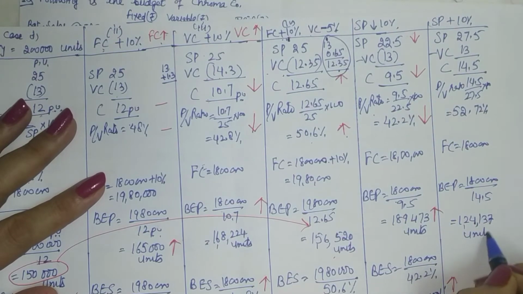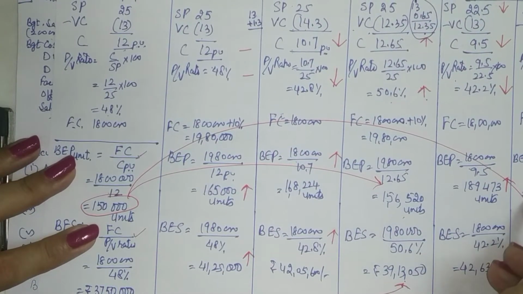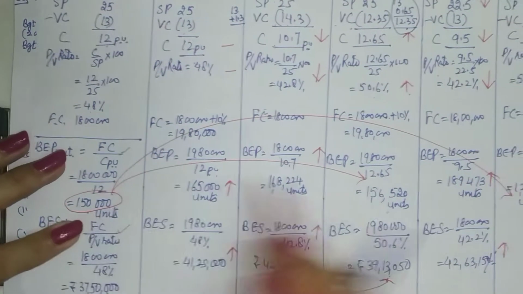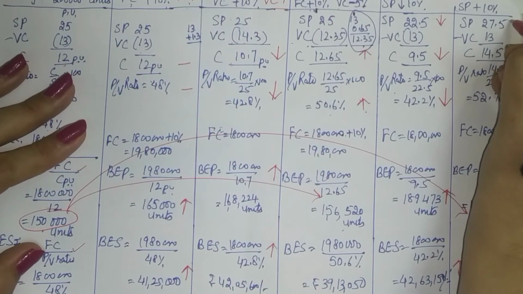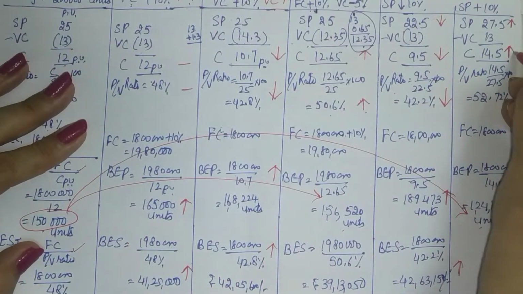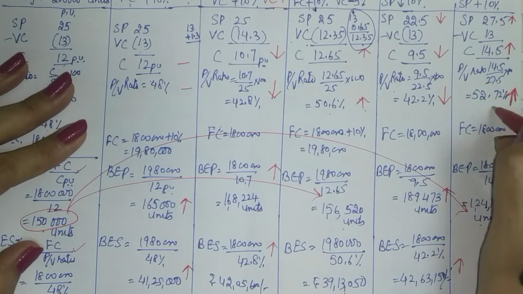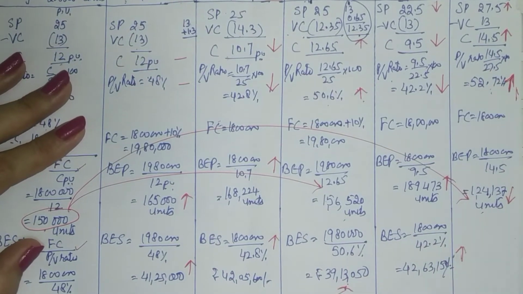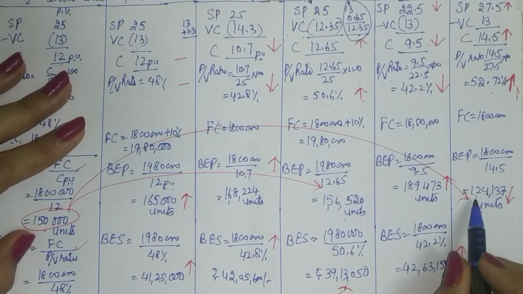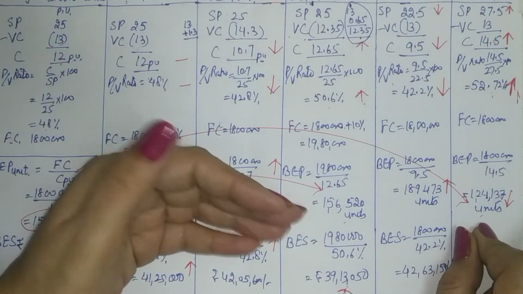So break-even point will be 18 lakhs upon 14.5, that is contribution, that gives you 1,24,137 units. So what we find here is that your break-even point has reduced. It was earlier 1,50,000, now it is 1,24,000 something. So when your selling price increases, it improves your contribution and your PV ratio, and improvement in contribution and PV ratio leads to reduction in break-even point, which is indirectly an improvement, because after the sale of 1,24,137 units, you will be making profits.